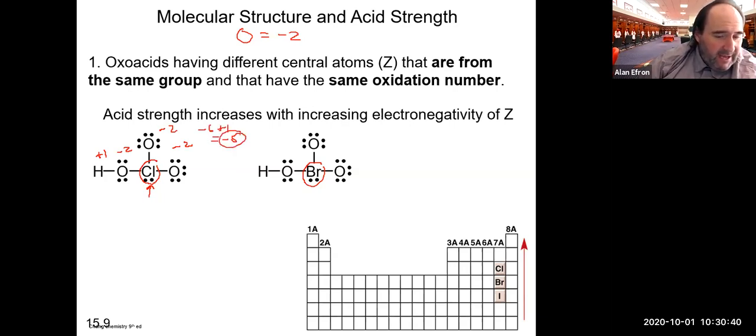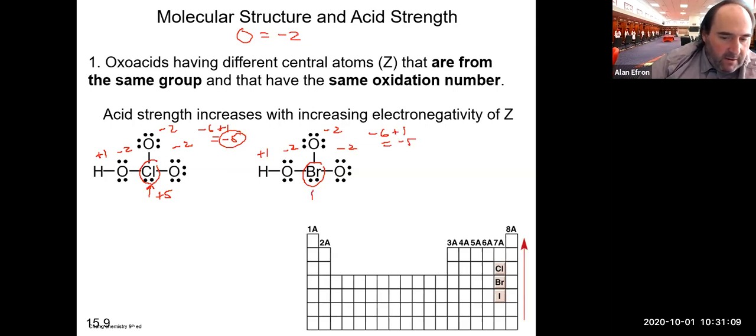To balance that out, the oxidation state of chlorine would be +5 in this particular case. So the oxidation number of chlorine in this acid is +5. You would do the same thing for our other acid here: -2 for each oxygen, and +1 for the hydrogen. You end up with the same situation. Again, our bromine here is +5.